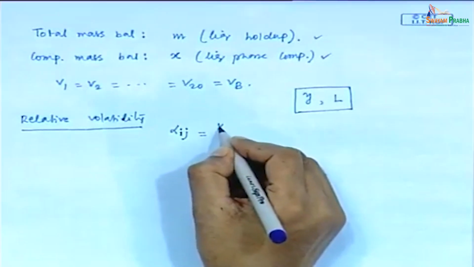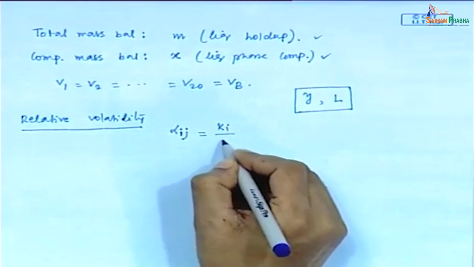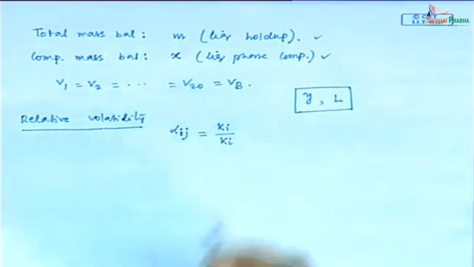Alpha ij means relative volatility of component i with respect to component j. Alpha ij is related with K by this way: alpha ij equals Ki divided by Kj.